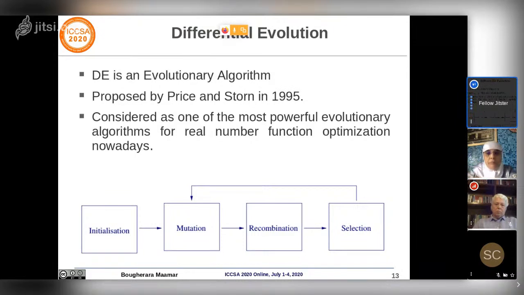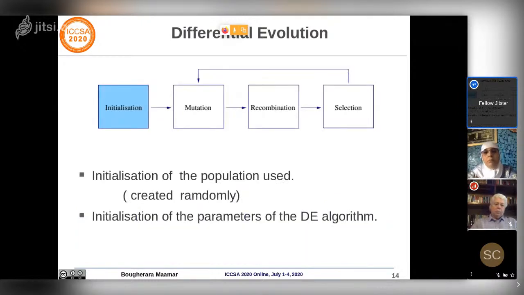Differential evolution is an evolutionary algorithm proposed by Price and Storn in 1995. It's considered as one of the most powerful evolutionary algorithms. Differential evolution has 4 steps. The first step is initialization, to initialize the population and the parameters of the differential evolution.